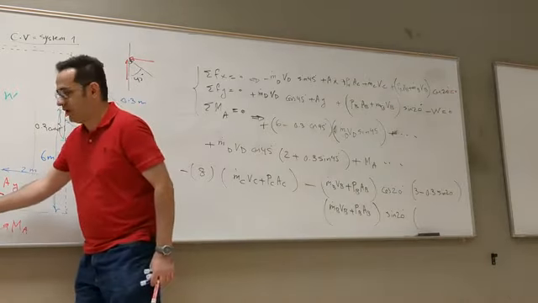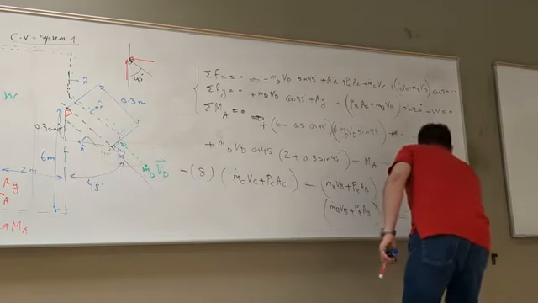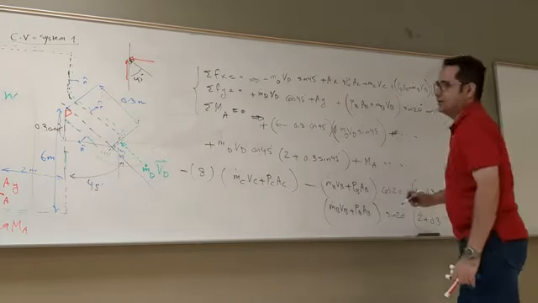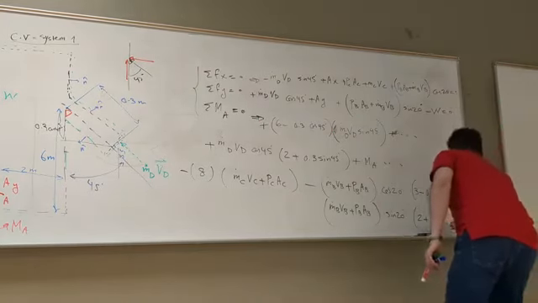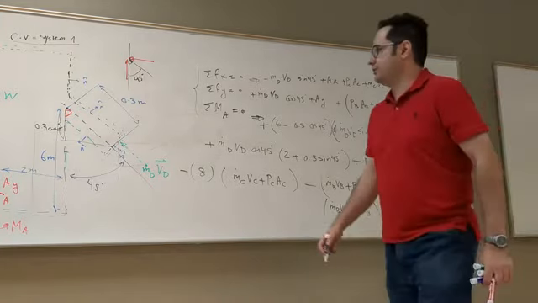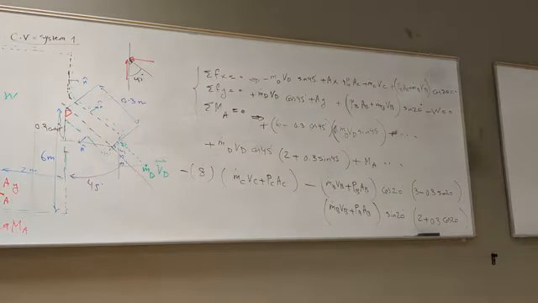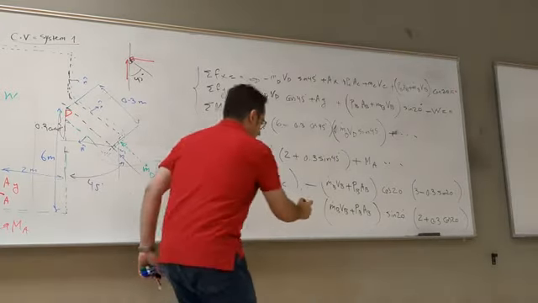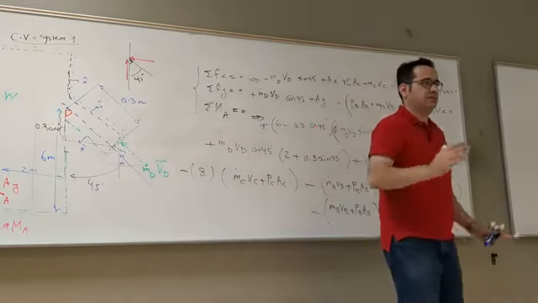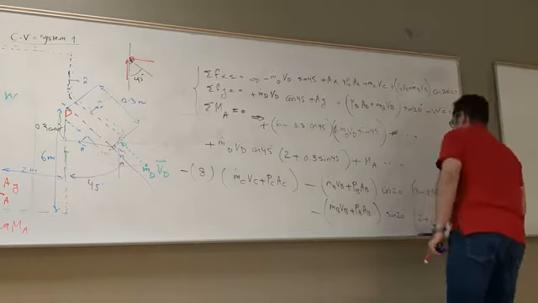From here to here is what? 2 meters plus 0.3 cosine 20 degree. Positive or negative? Negative. Yep, it's because it goes out here, when you move it down, R cross F is negative. What else? That's all, right? This sum must equal 0.